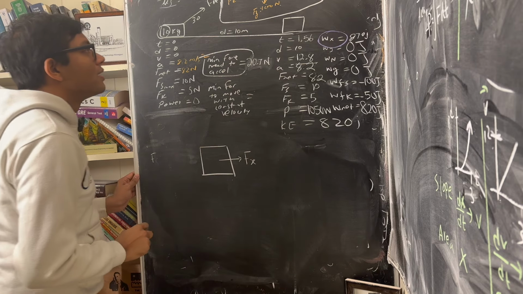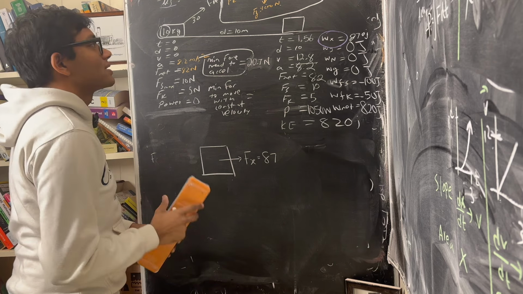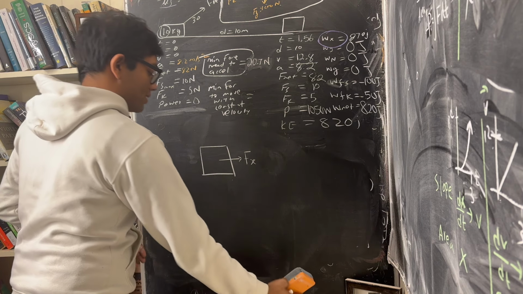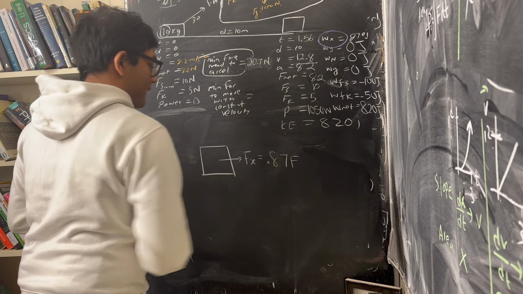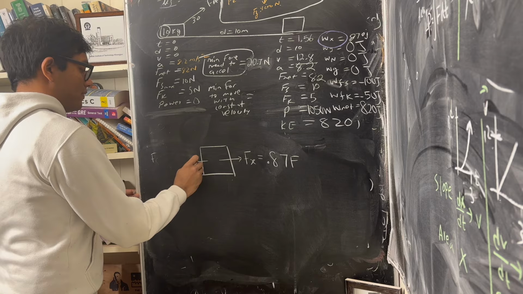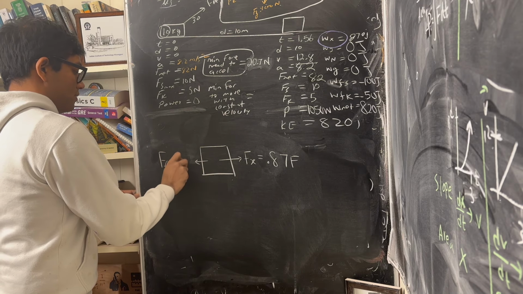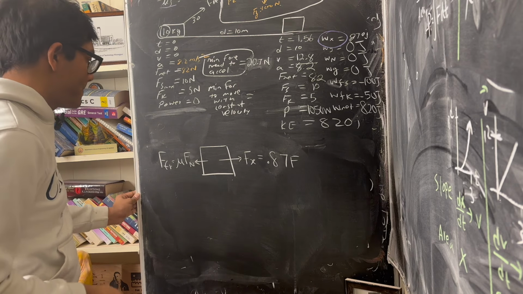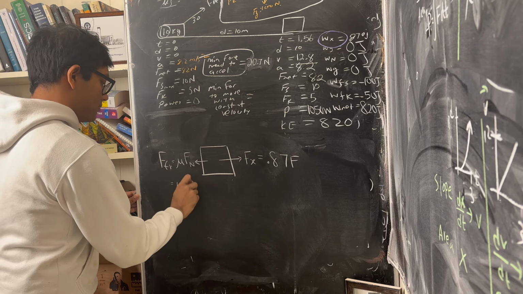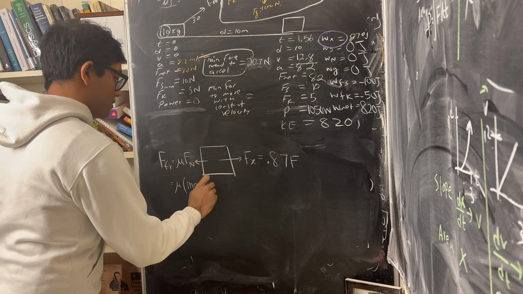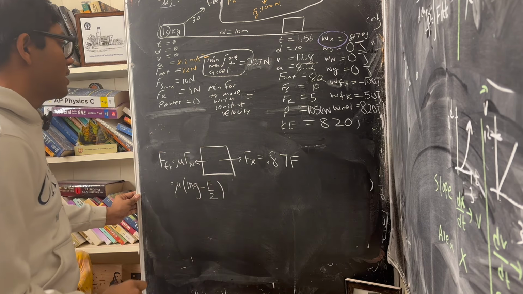So we have Fx. Oh wait, we don't know what Fx is. We have to find the minimum. Okay, and we have the force of friction. This is mu Fn, and Fn will be mg minus, with mu k.